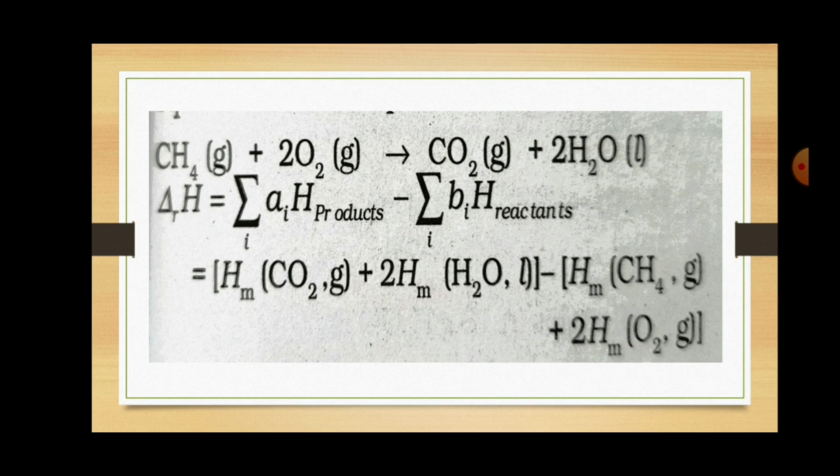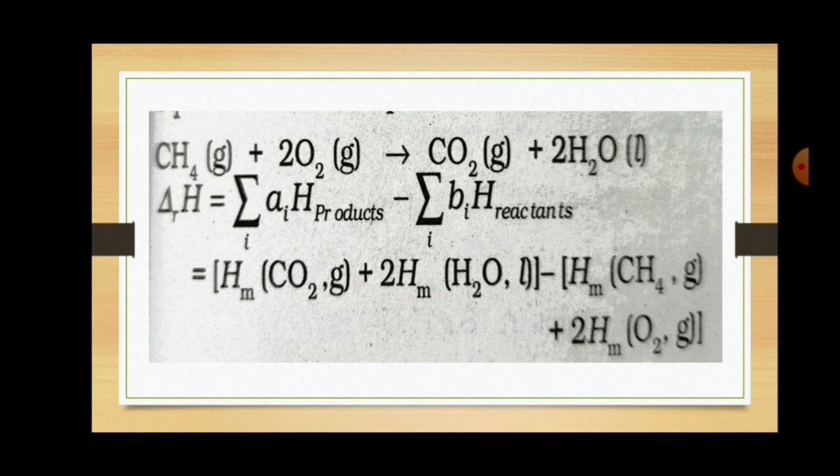You have to add the enthalpies of the products, that is Hm of CO2, which is gaseous, given as g, plus, on the product side, one molecule of CO2 and 2 molecules of H2O.